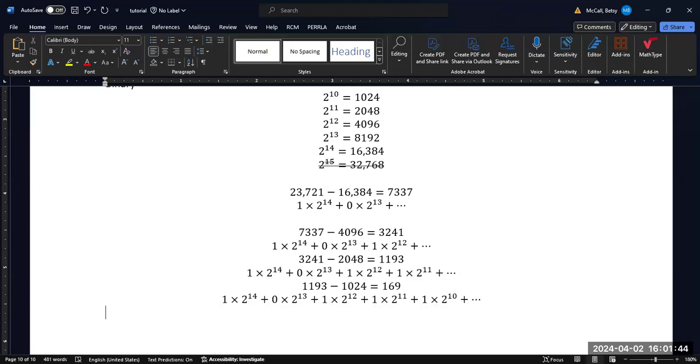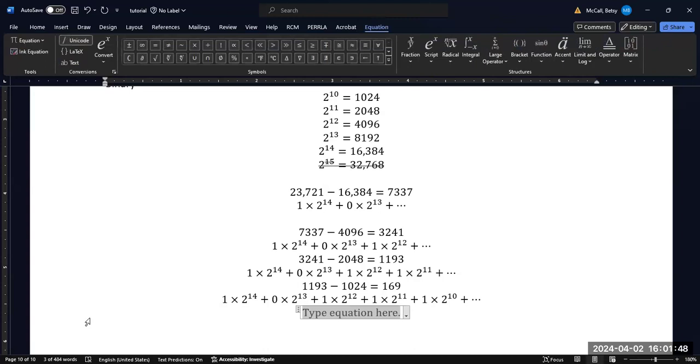Now, the next one underneath that, I will just kind of list them. 2 to the 9th is 512. And 2 to the 8th, so dividing continually by 2, is 256. And 2 to the 7th is 128.